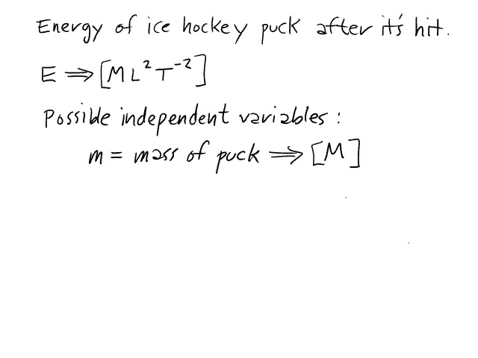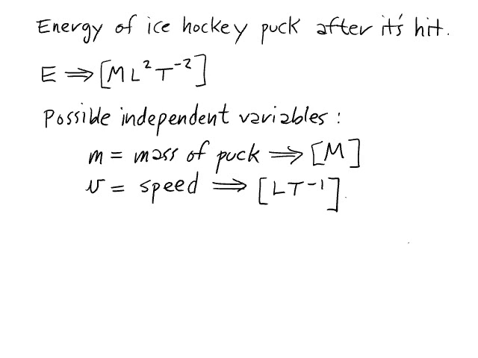What else might it depend on? Well, it would make sense that it depends on the speed at which it's hit. How fast is it going? The units for speed would be meters per second, or length per time. And if we ignore air resistance, that shouldn't really affect it much.